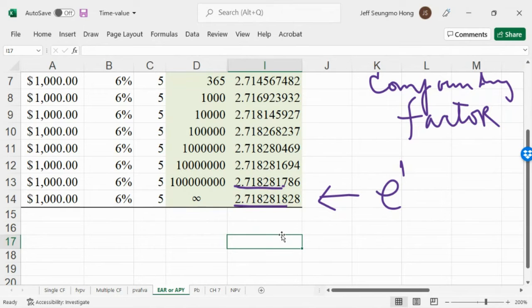It's the base of the natural log, and it is the number that you get in the limit when you raise a number slightly greater than 1 to infinity. It cannot be stretched.